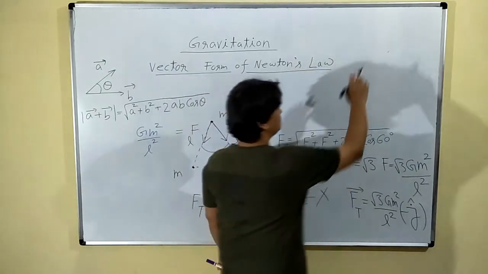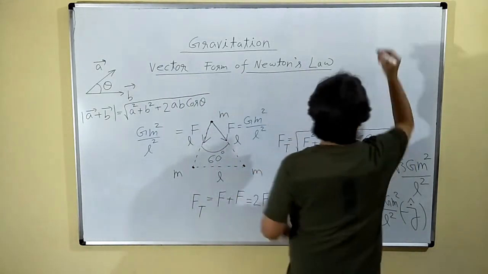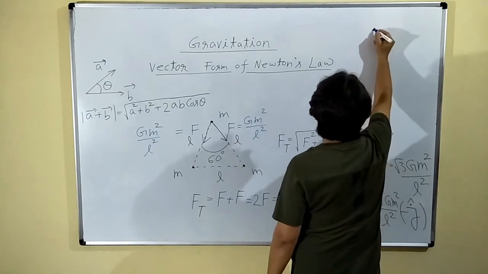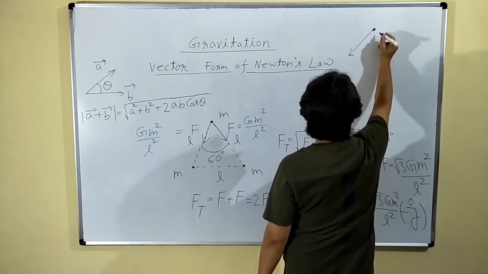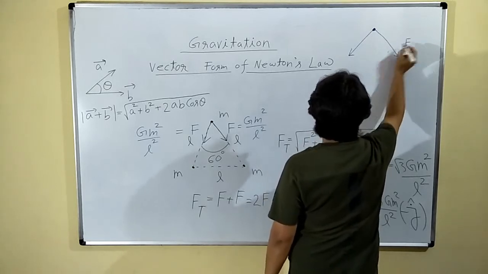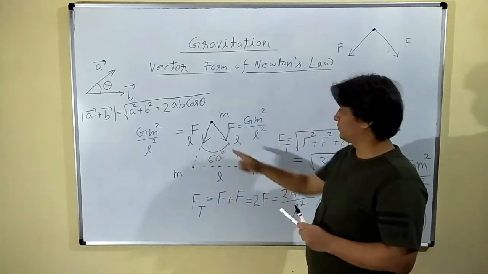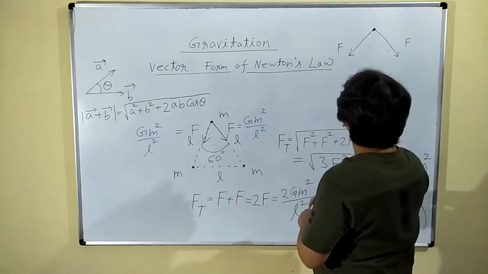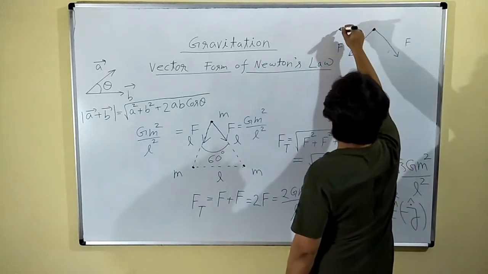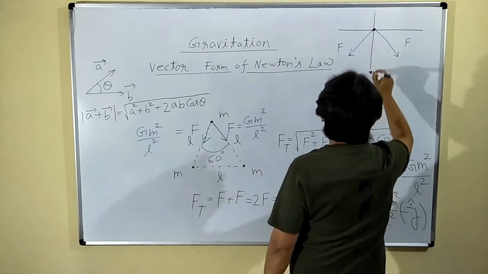इस सेटअप को यहां देखना, हमारे दोनों फोर्सेस इस तरह से लग रहे हैं, this and this, F, F, and we need resultant of these two forces. हमने क्या किया, that's your x-axis, this is your y-axis.